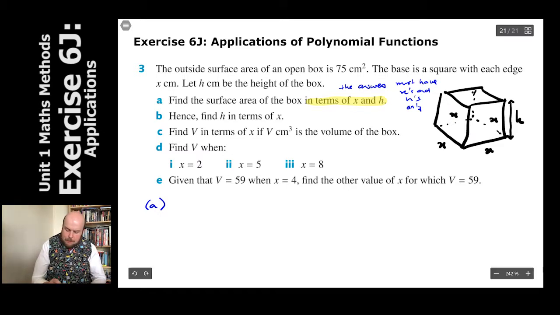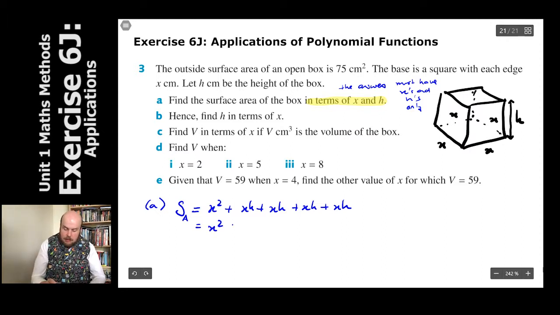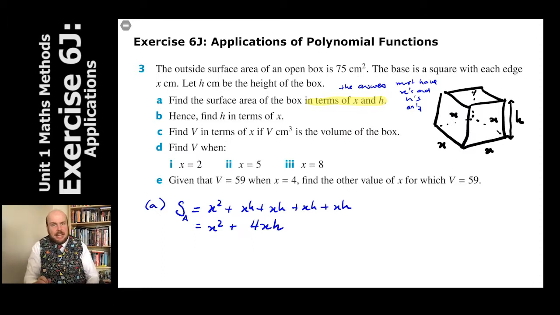So we've got the base, so the surface area is equal to the base, which is x squared, plus the front face, which is just xh, and then the side, the back, and the right hand side, which we can neaten up to make that x squared plus 4xh, because xh plus xh plus xh plus xh is in fact 4xh's.